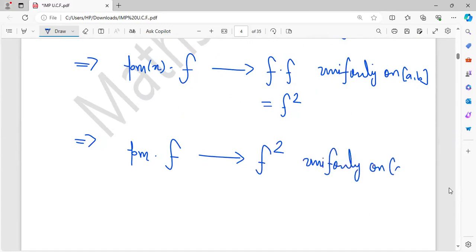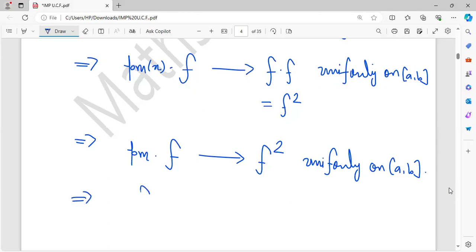And we know that if a sequence of Riemann integrable functions converges uniformly to some function, the integration always converges. Because a polynomial is continuous and f is also continuous, their product is continuous, and a continuous function is Riemann integrable. So the integration also converges.